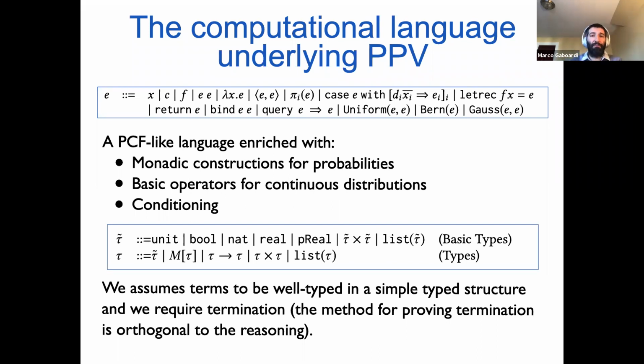One additional requirement that we have is termination. We require our programs to be terminating, although proving termination is somehow orthogonal to our reasoning, so we will just assume that there is a way to prove termination.